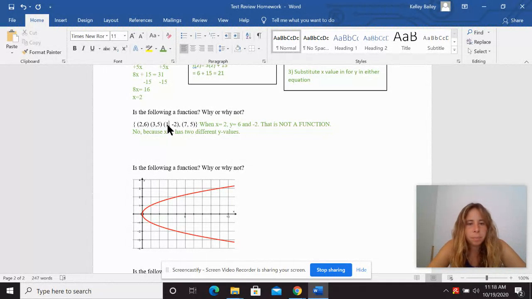Okay. Now it's a function. Each x value is related to one y value only. 3 and 7 have the same y value, but that's fine. The y values can do whatever they want. As long as one x value is related to only one y value, then we're good. Okay, let me change all this back.